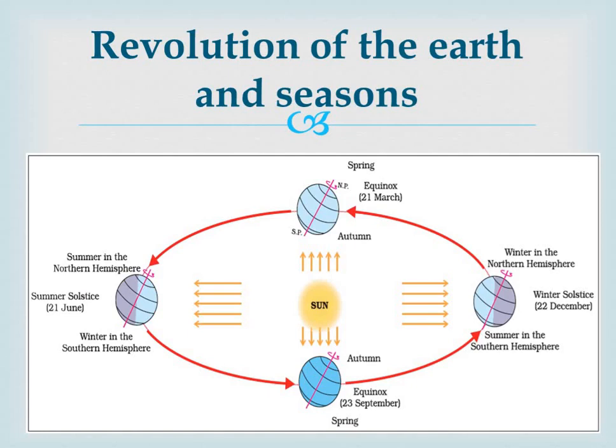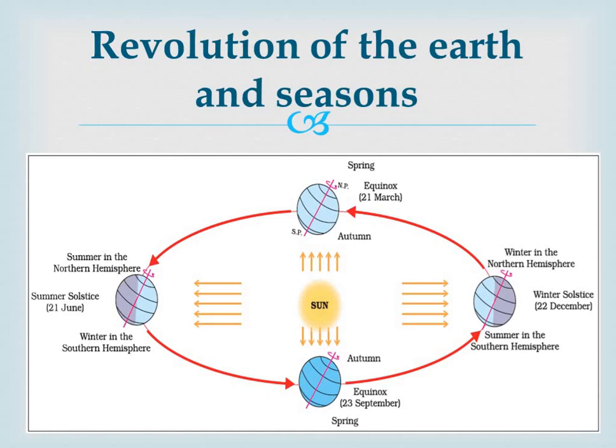Second, if you see in the diagram, summer solstice is written. This is the phenomenon. Summer solstice falls on 21st June, when the sun rays fall directly on the Tropic of Cancer.